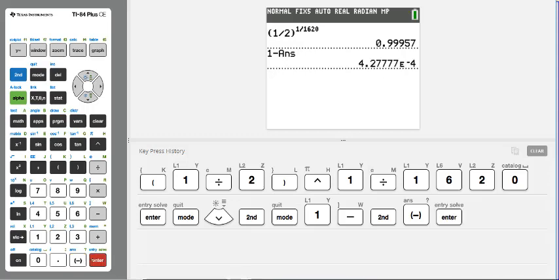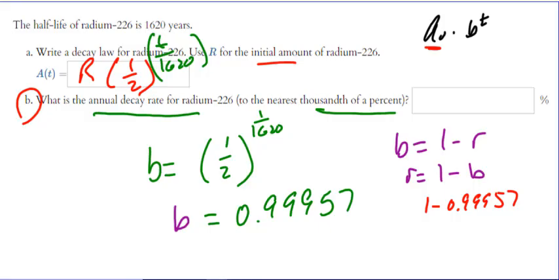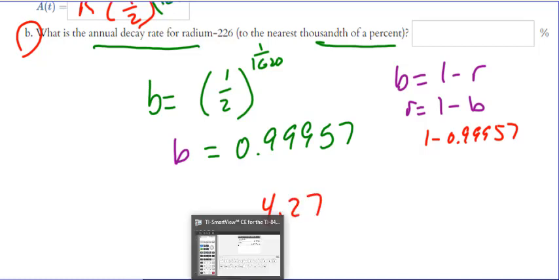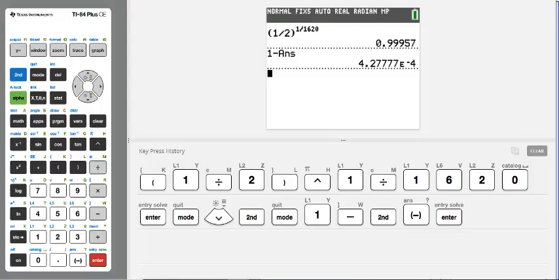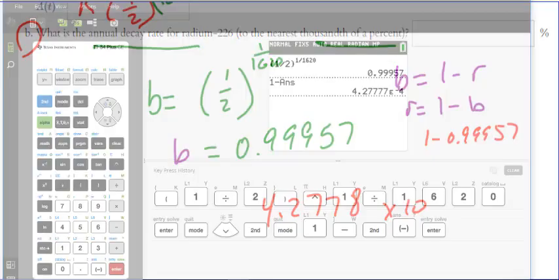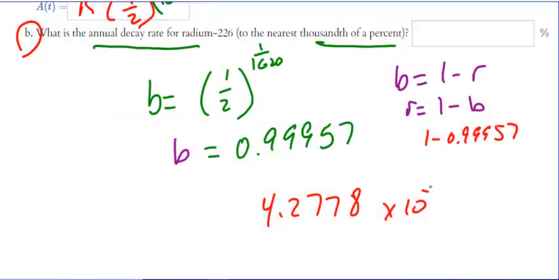And that's really good that it put it like that. Let me write this down. 4.27. It's really scientific notation is what they have.